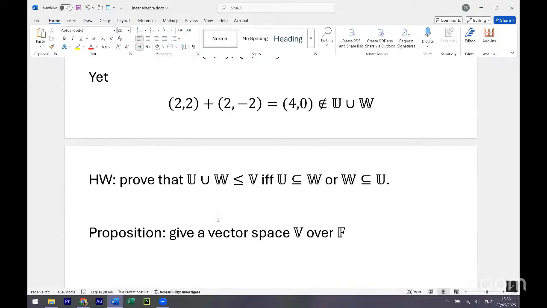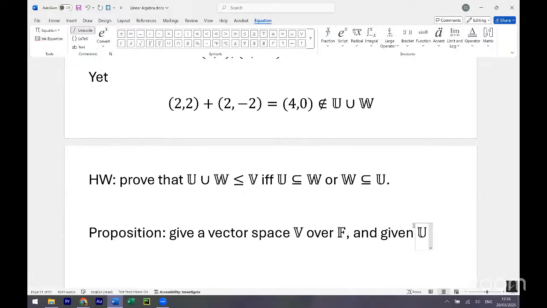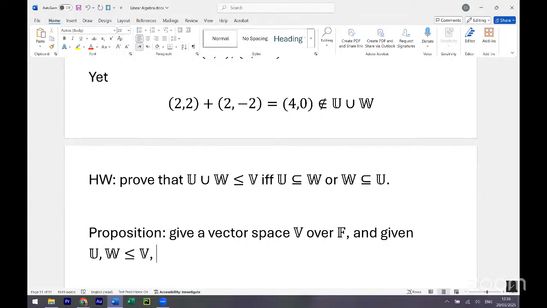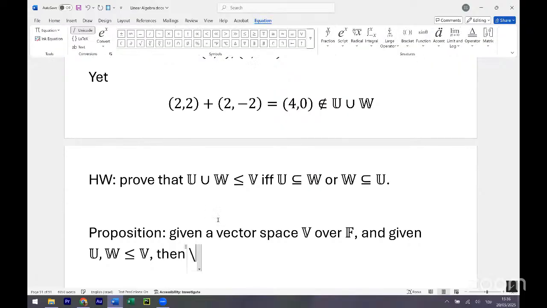Given a vector space V over the field F, and given two subspaces U and W of V, then their intersection is most definitely a subspace.